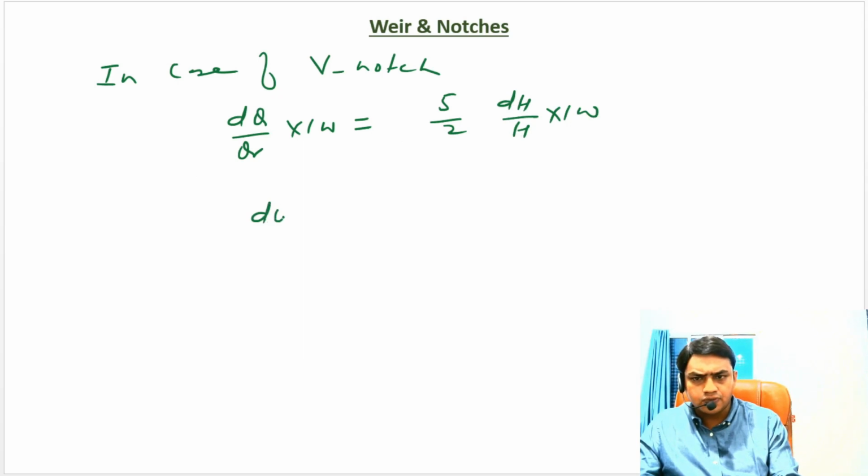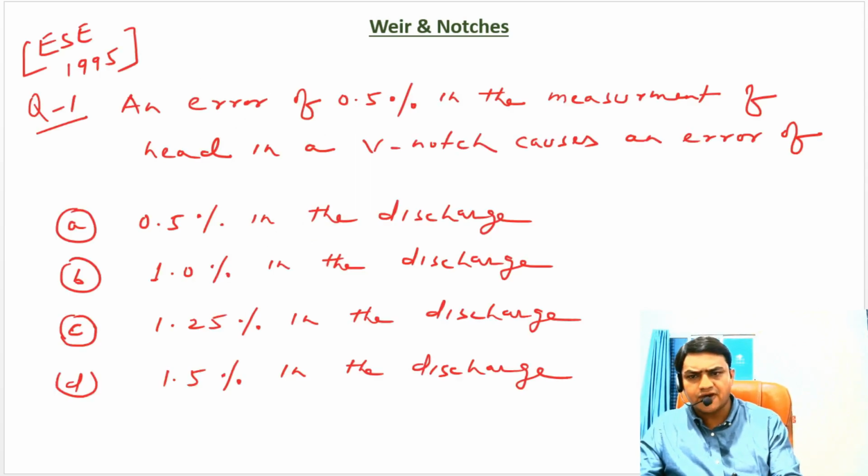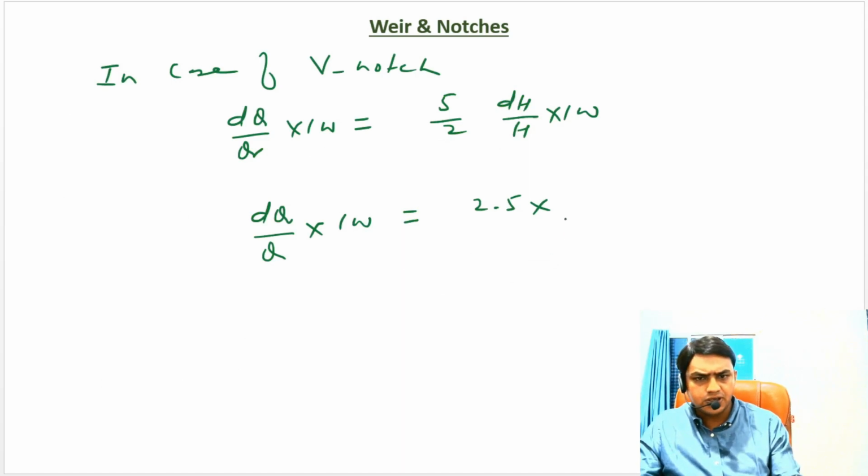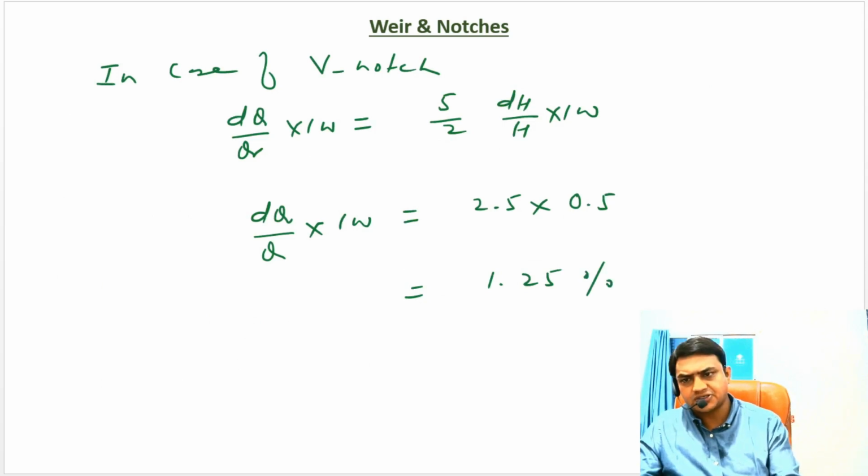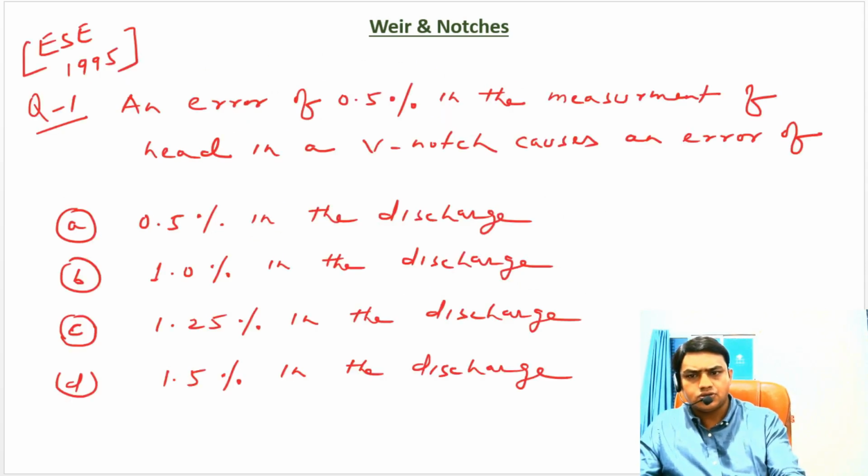The percentage error in head measurement is 0.5%, so 2.5 into 0.5, the percentage error in discharge is 1.25%. C option is correct.